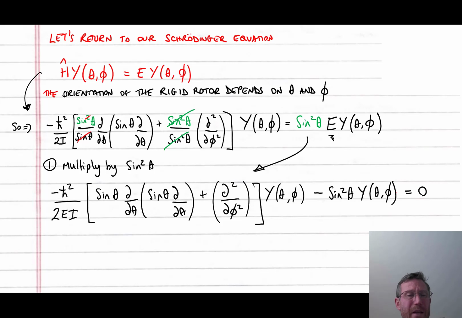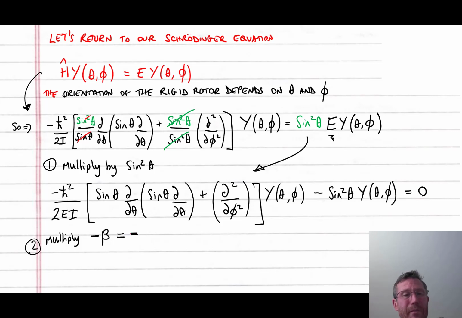And the second thing that we're going to do now is multiply by another factor, and that factor is called minus beta, where beta is basically going to be equal to h bar squared over 2IE.